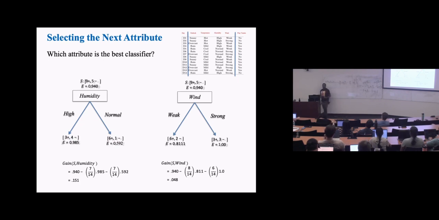Is this clear? You have 2 options, and one option has a probability of 9 by 14 and the other option has a probability of 5 by 14. Right? Which equals the value of 0.94. And that's what you see in the first term.